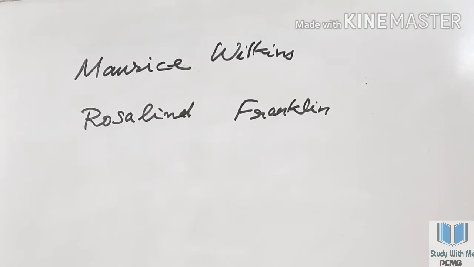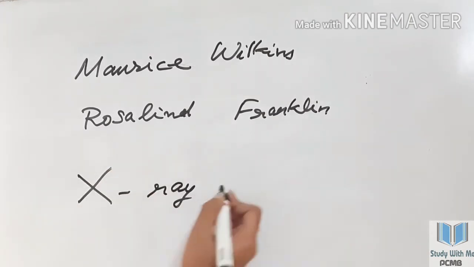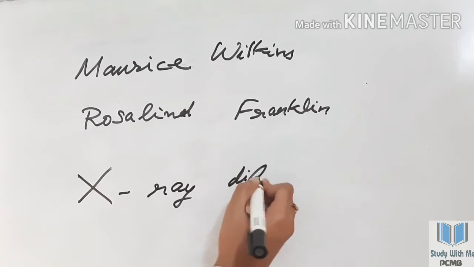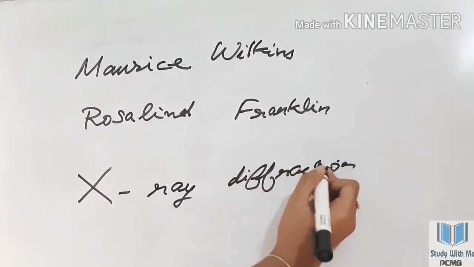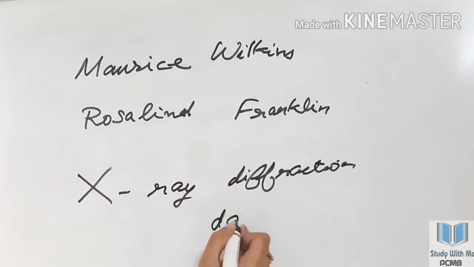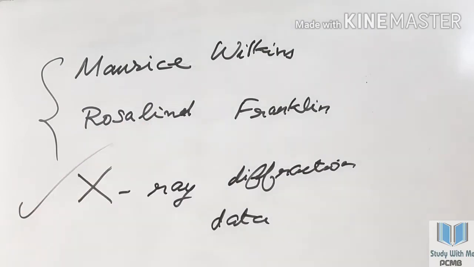So Wilkins and Franklin produced X-ray diffraction data. They made this X-ray diffraction data. So remember these two scientists' names and what they did.